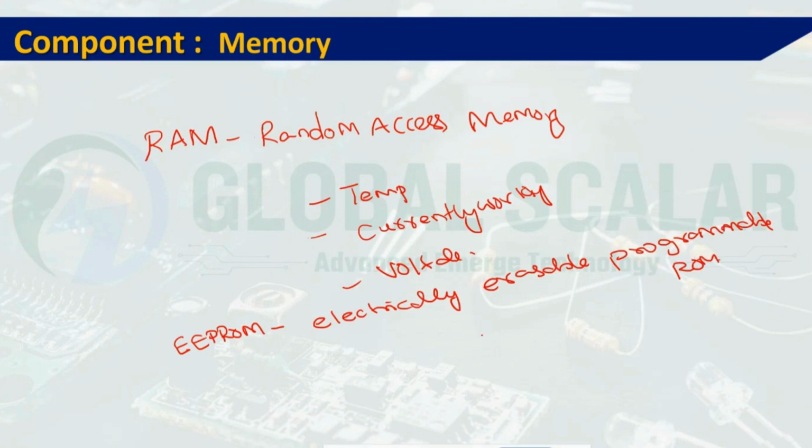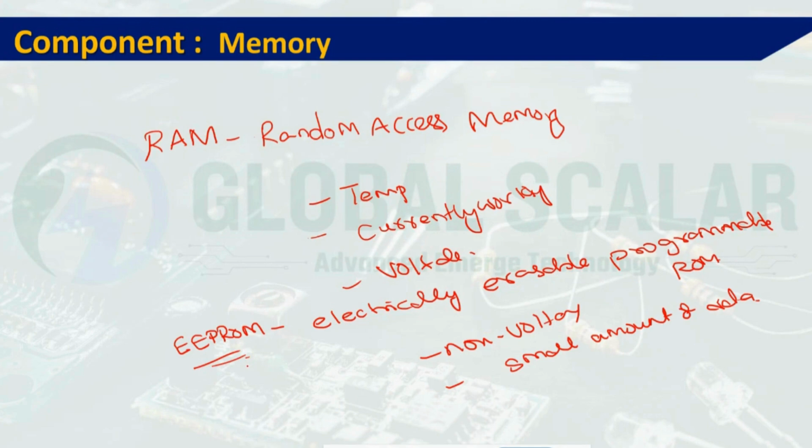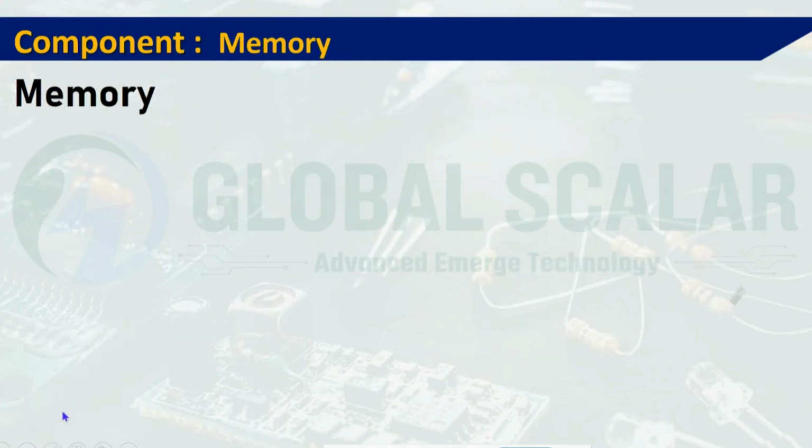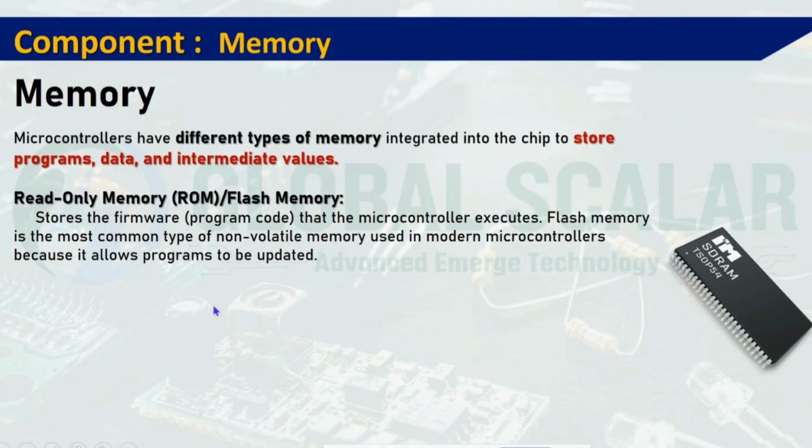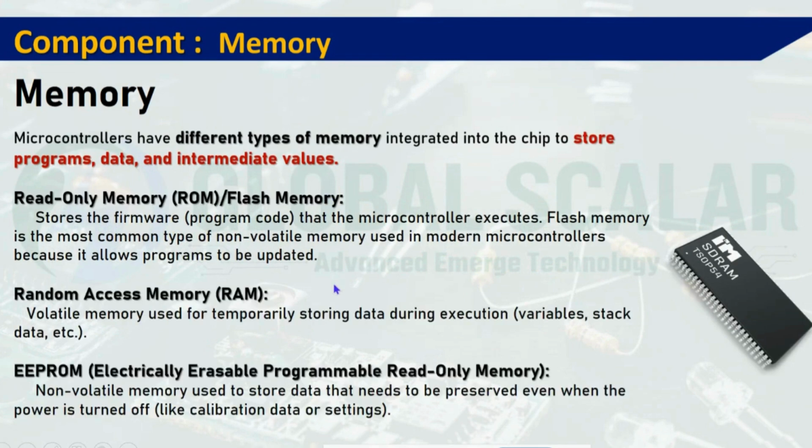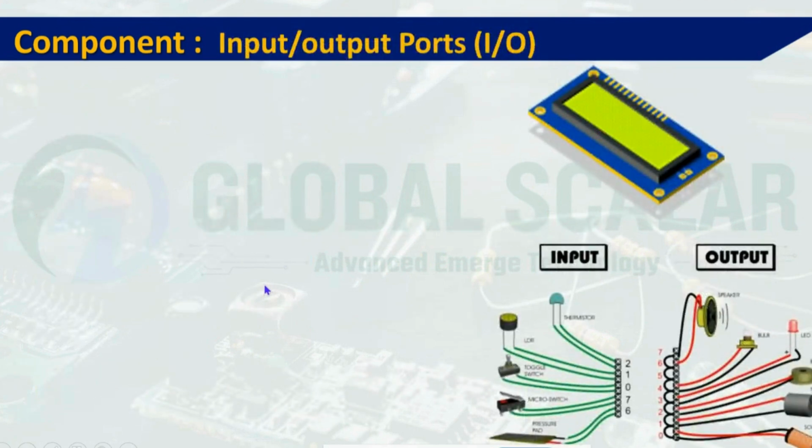It is a non-volatile memory, used for storing a small amount of data, which is updated occasionally. So for these memories, we have read-only memory, flash memory, and EEPROM memory. These are the typical memories involved, and next we have the IO ports.